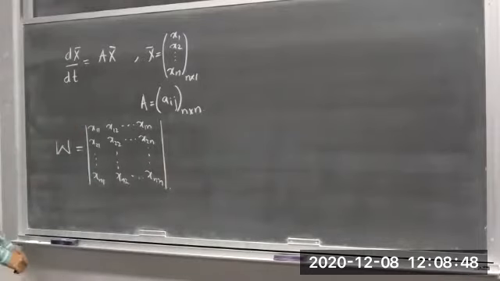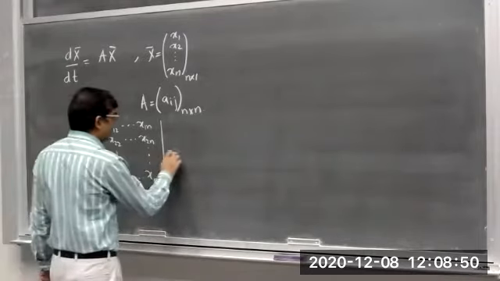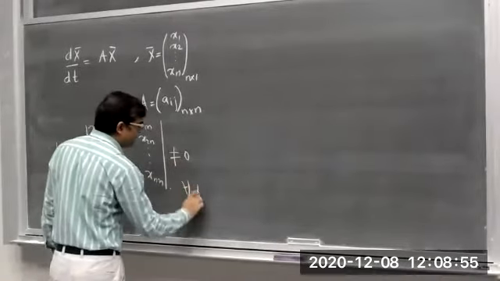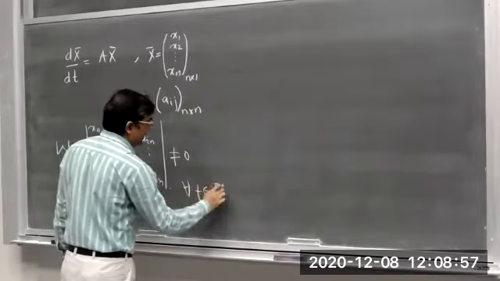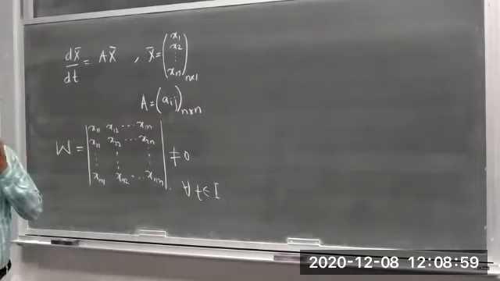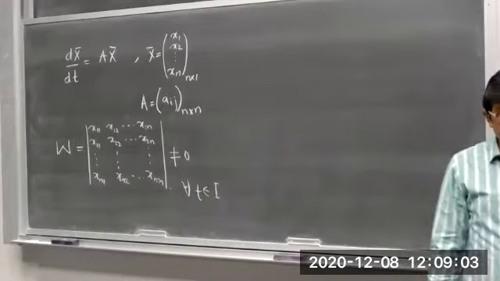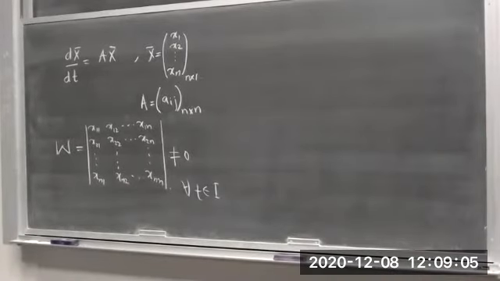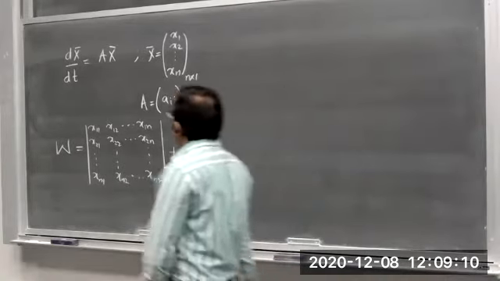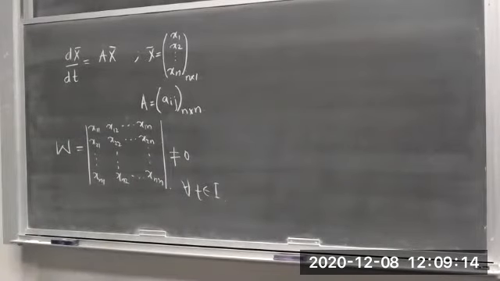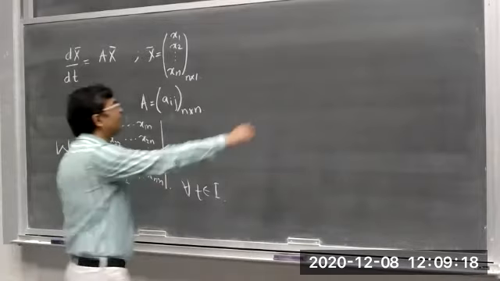We discussed that the Wronskian should not be zero for all values of t belonging to some interval I. This was the definition of the Wronskian, in order to check whether the given set of n solutions are linearly independent or not. If the solutions are linearly independent, then we say that those solutions form a fundamental set.